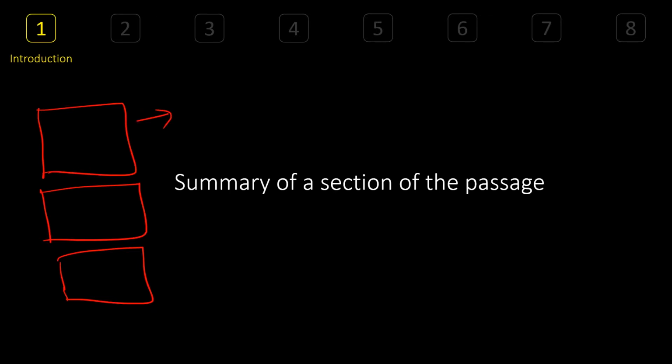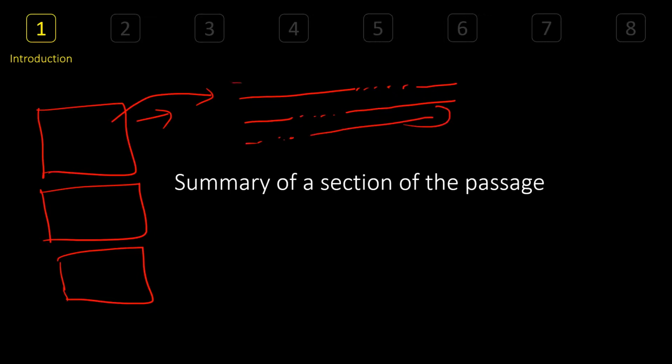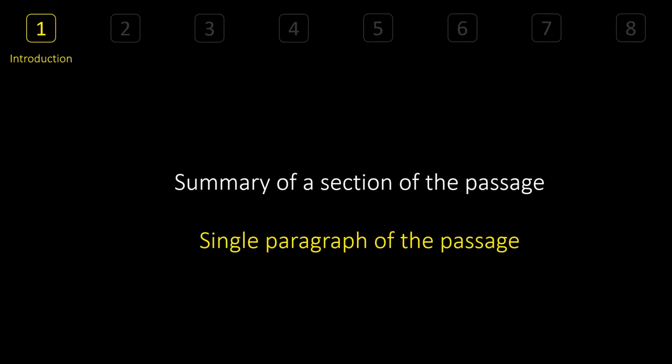The summary of this is provided in the form of blanks, and hence it will be shorter than the whole paragraph. Let's say a paragraph of 10 sentences is described in 3 sentences. This is called a summary of a section of the passage.